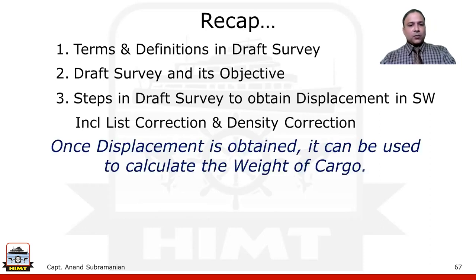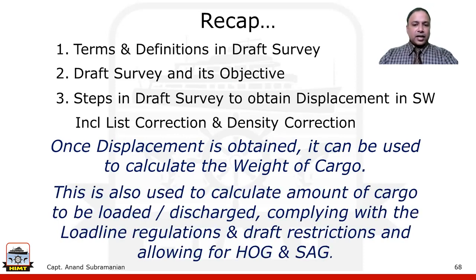Once this displacement is obtained, it can be used to calculate the weight of the cargo and all the other calculations. This is also used for calculating the amount of cargo to be loaded or discharged in compliance with various load line regulations and draft restrictions, and also allowing for the hog and sag.